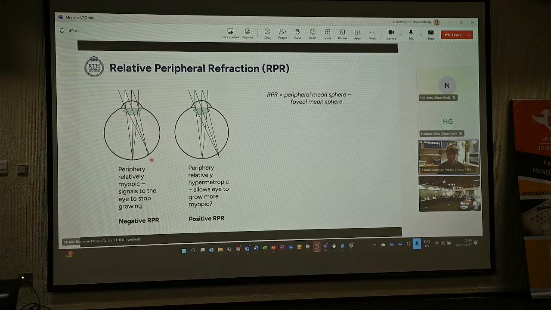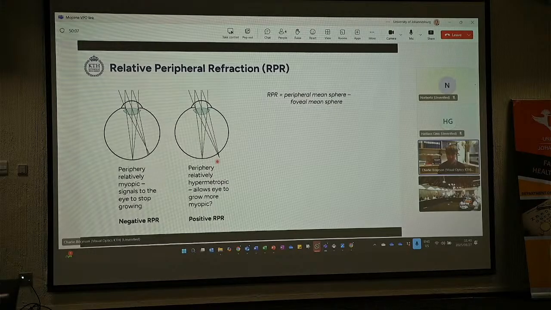Negative RPR means that the periphery is relatively myopic compared to the fovea, and oppositely, positive RPR is when the periphery is relatively hypermetropic. For animal studies, negative RPR has been shown to stimulate the stop of growth, whereas hypermetropic RPR would allow the eye to grow more quickly.